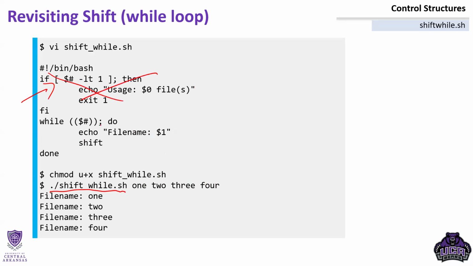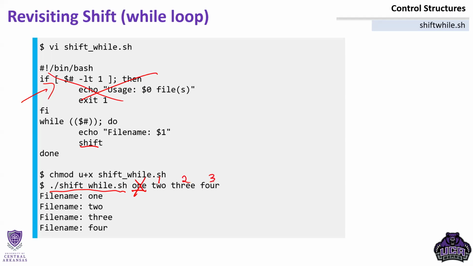And then it hits our while loop. So while the number of arguments, that's true, it has the number 4 in there. It's going to echo out $1, so it's going to echo out 1. And then when the shift happens, it's going to knock 1 off of the stack. And now this becomes 1, 2, and 3.